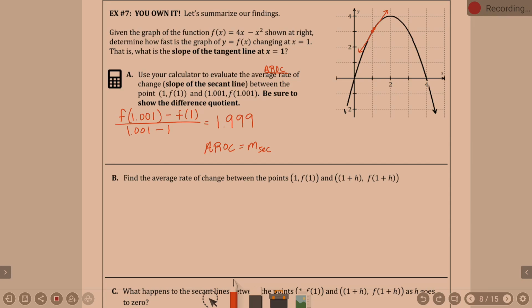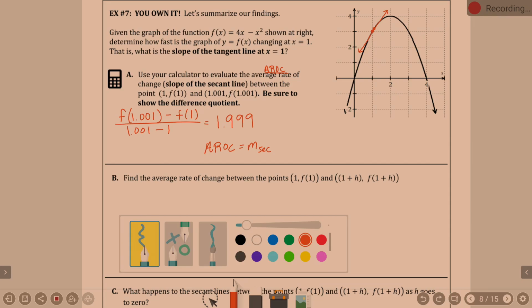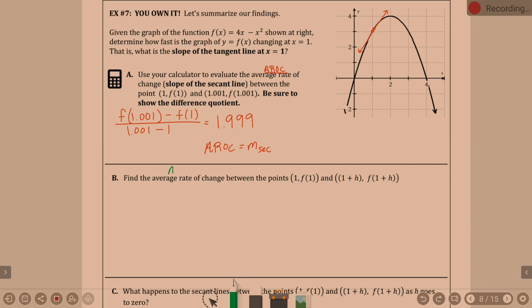Okay, B. Find the average rate of change between the points 1 and f of 1 and 1 plus h and f of 1 plus h. Officially again, average rate of change means we are talking AROC, or slope of the secant line, if you will.